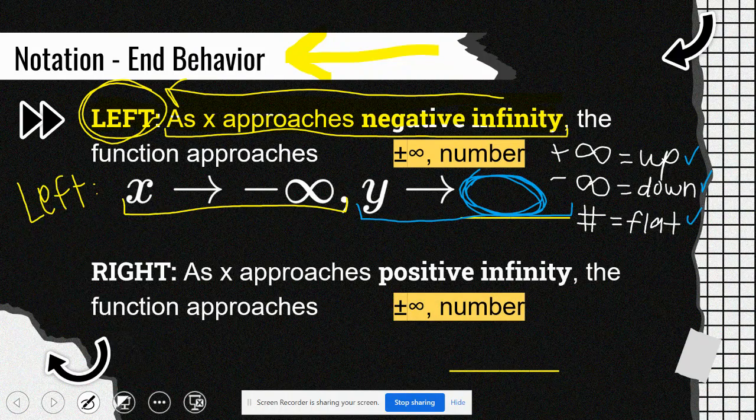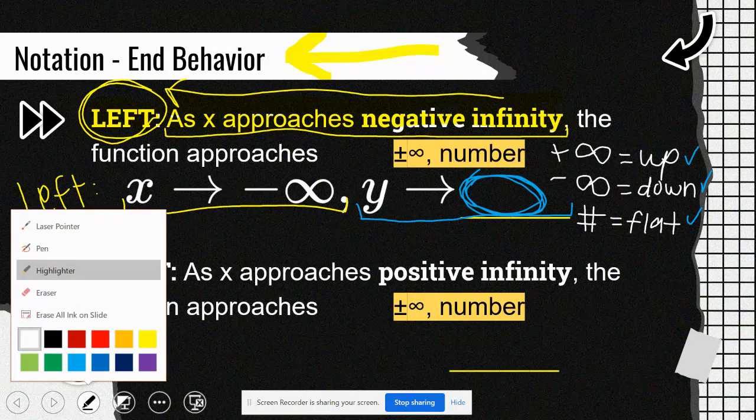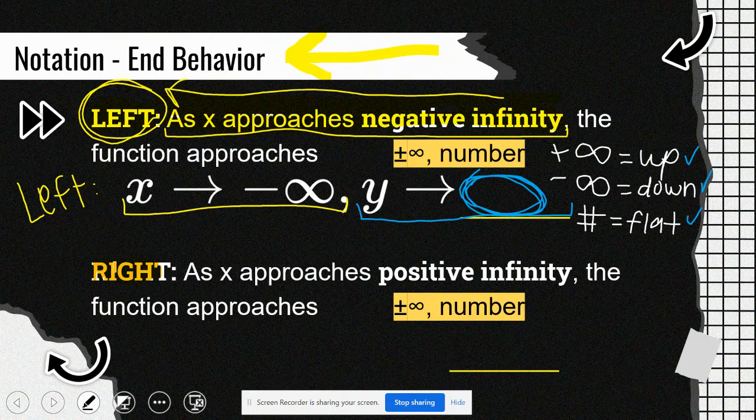Similarly, for the right end behavior, it was as we were trucking along and moving towards the right. So we started at 0, and as we moved in this direction, we wanted to know what was happening. So similarly, as x approaches positive infinity, that's just describing moving to the right.